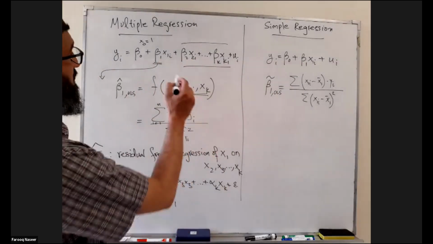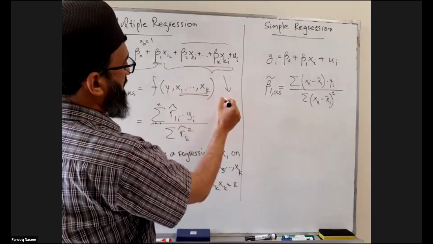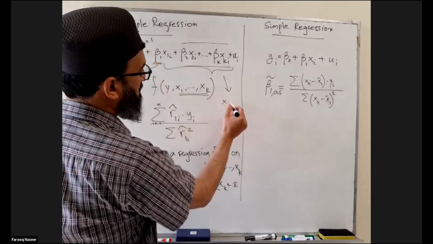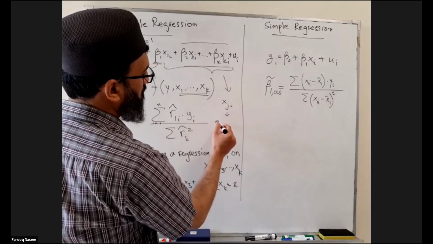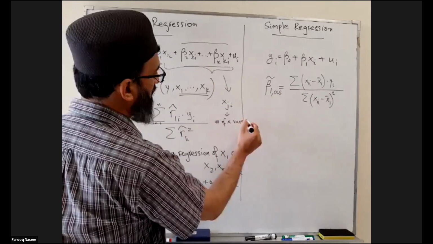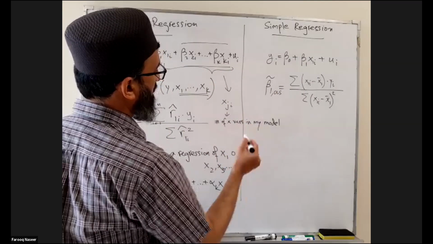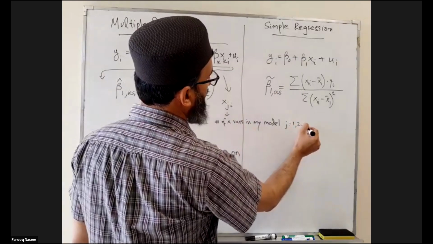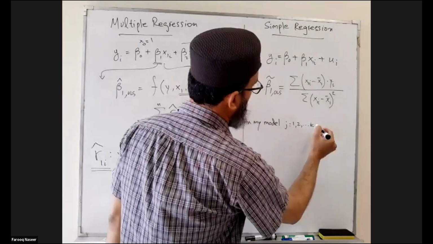So the general form of the explanatory variable has now got two subscripts. So xji, where j indicates the number of x variables in my model, right? So the index j goes from 1 to what value? It goes up to k, right?